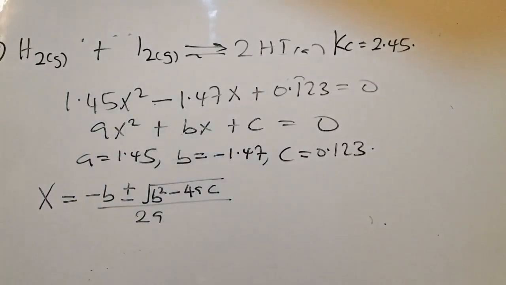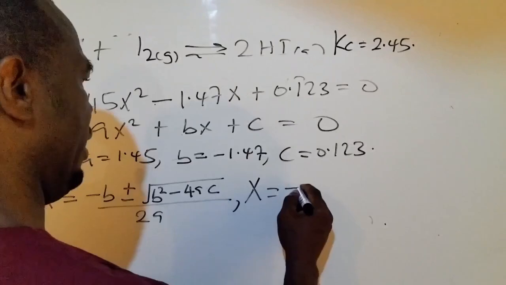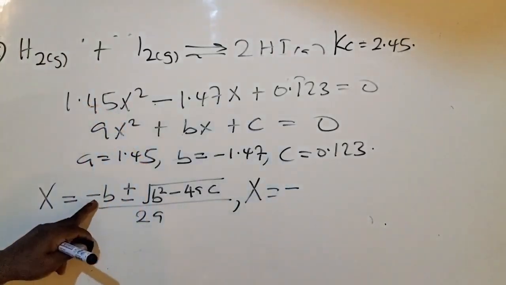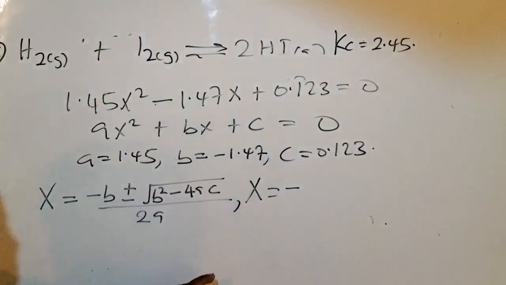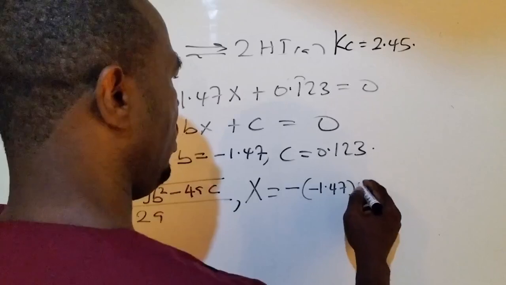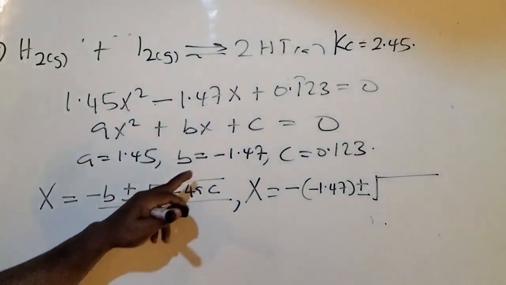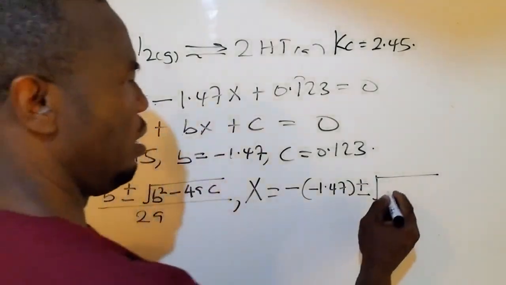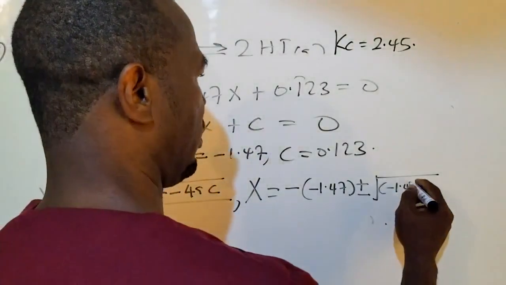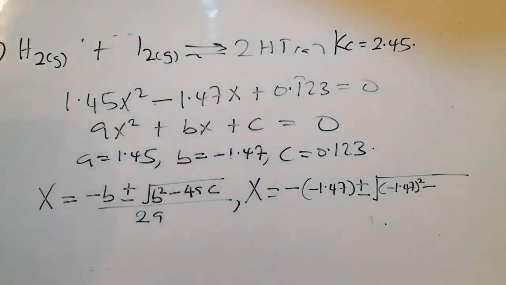So when we substitute, our s becomes equal to minus b, and our b is carrying that minus. That means minus minus 1.47 plus or minus, bracket opens, b is minus 1.47, that is minus 1.47 all squared minus 4ac.